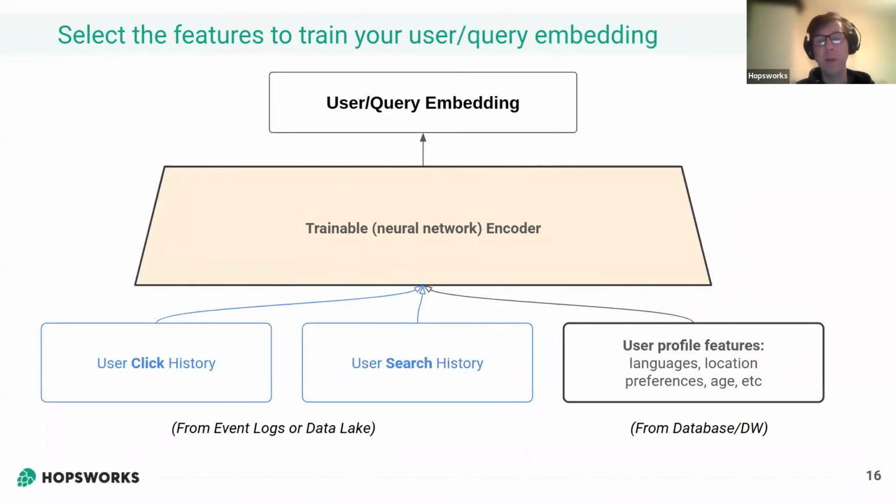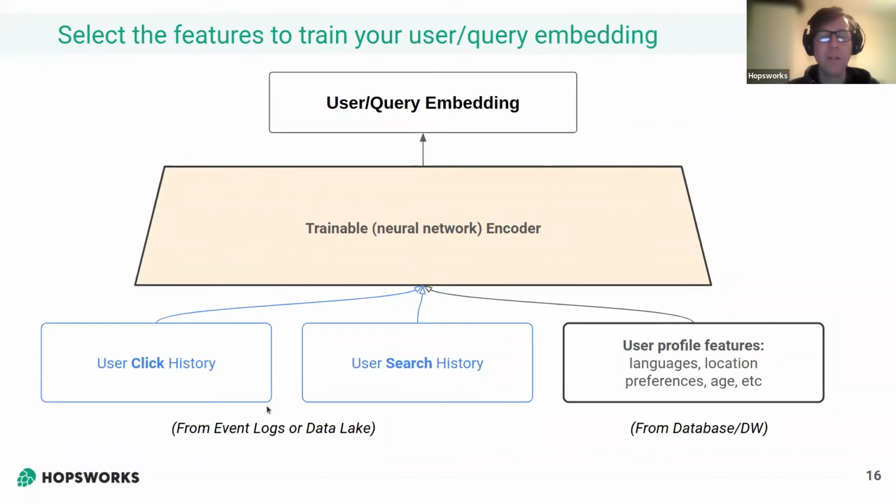Now the user queries, remember we want to map them into the same space. What features do we want to include there? Well, you might include the user's click history. So how often have they clicked on different things, and what have they searched for? How often are they active on the site? You can have static features like the languages that they can speak, maybe their location, preferences, an estimate of their age, and so on.